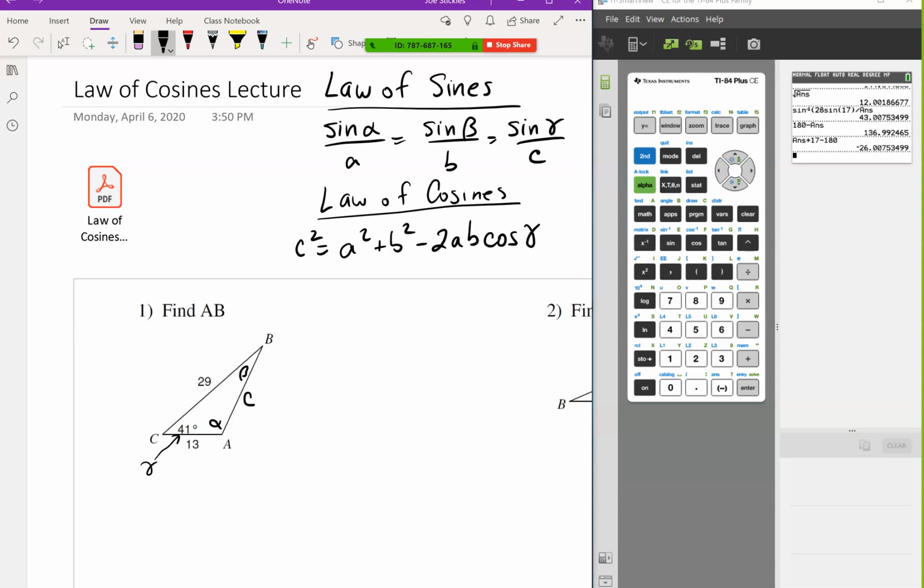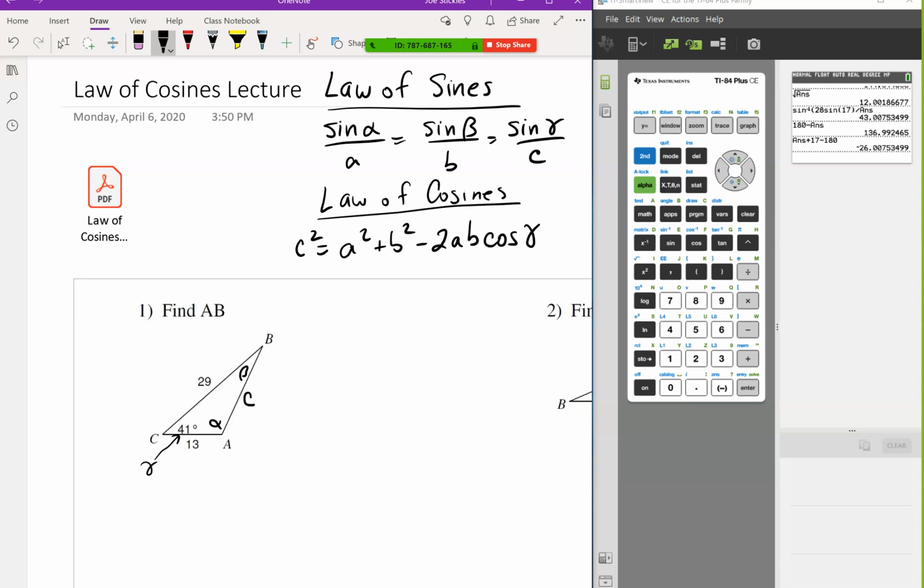Now, when you see this stated, you see it as C on the left-hand side and A and B on the right-hand side. But really, I like to think about it as rotated around. You can put A on the left-hand side and have B and C on the right-hand side.